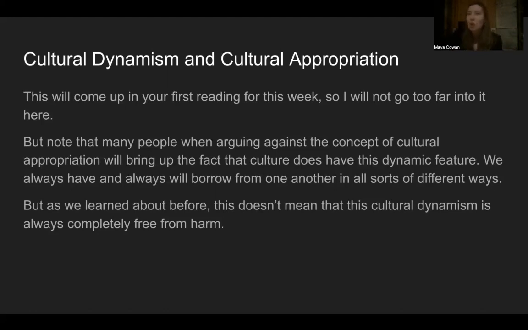So I'm not going to get too far into what cultural appropriation is, but I will take this opportunity just to mention something because it's often a cultural talking point regarding cultural appropriation. A cultural talking point, I mean, not in the anthropological sense, but in the sense of our culture.